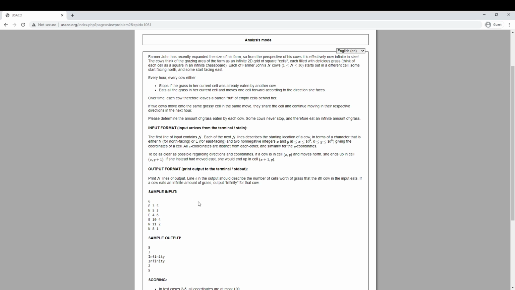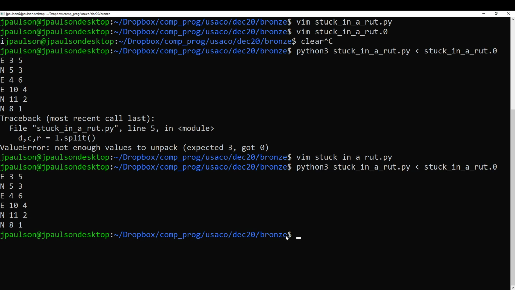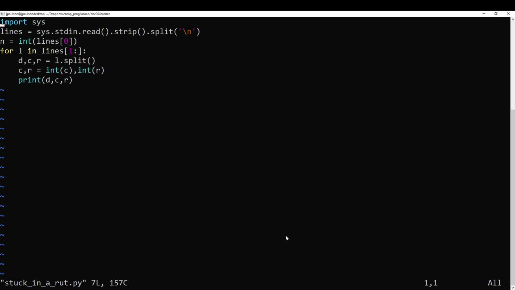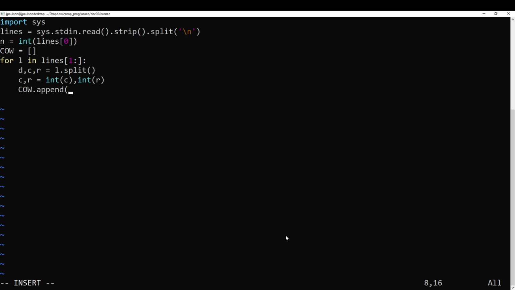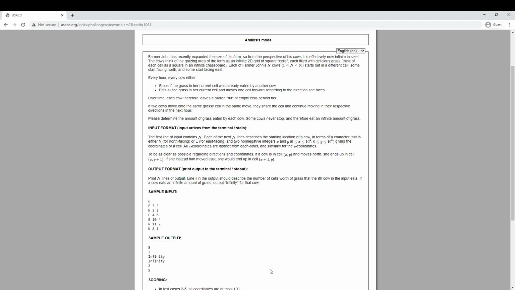Okay, and these are indeed X and Y, which I'm going to label as C and R. So for each cow, you need to compute when it gets blocked.